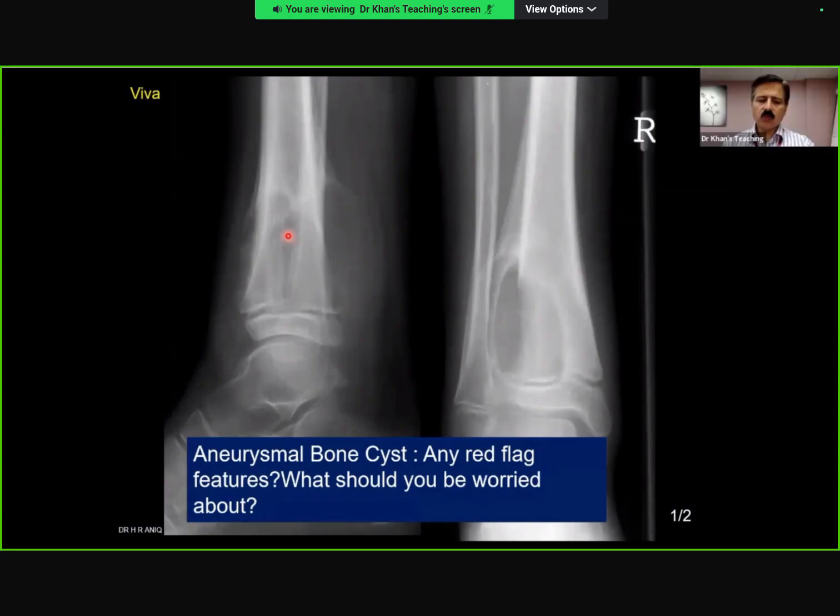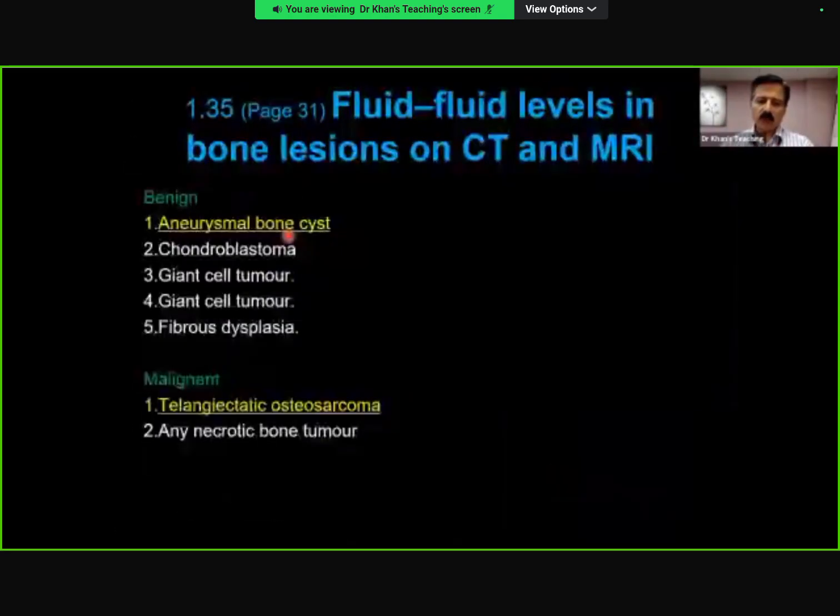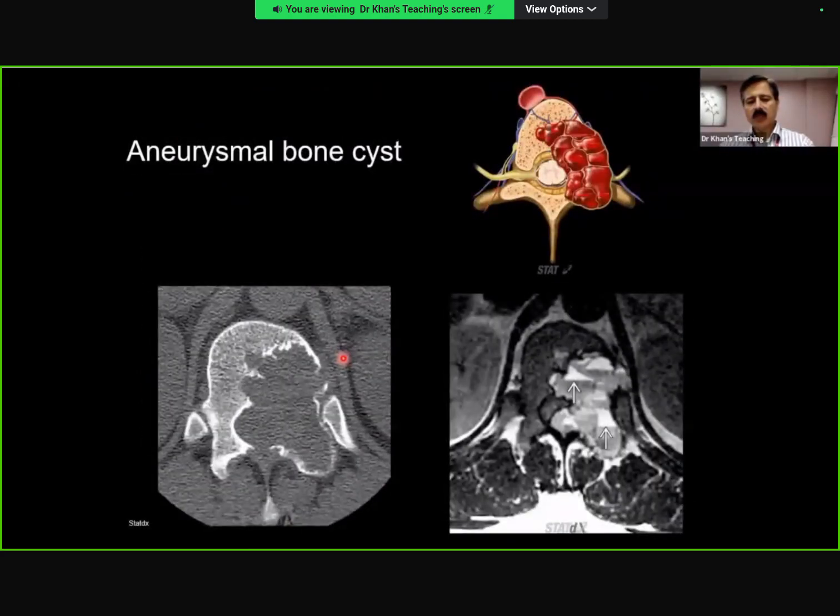Aneurysmal bone cyst versus telangiectatic osteosarcoma, you have to worry about this thing. So go back to this differential. There are benign lesions which have got fluid levels, and a telangiectatic osteosarcoma can also have fluid levels.